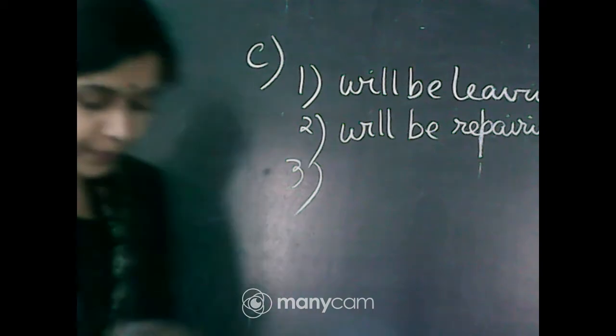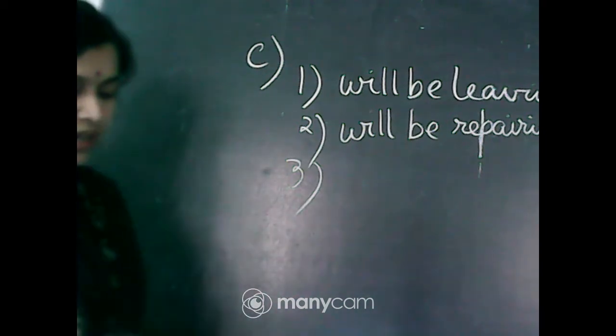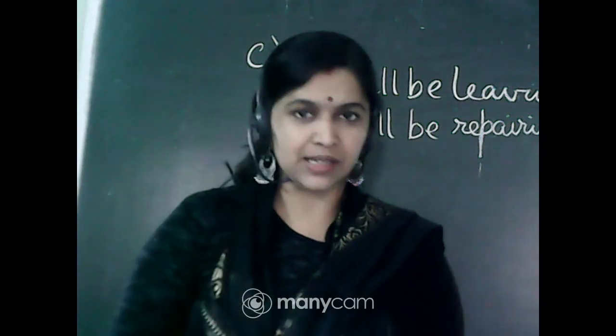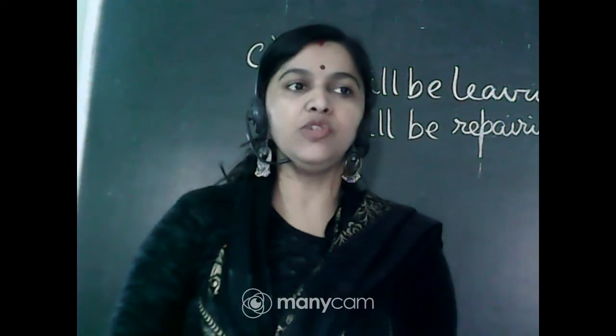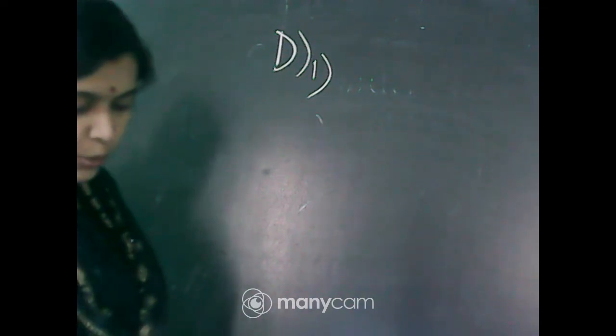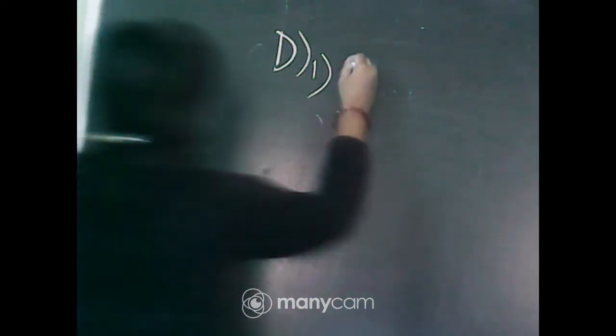Okay. So actually the use of shall has become a little bit less nowadays, uncommon, but you may use shall with the first person. Okay. Exercise D, number 1. We hope that the sky will have cleared.